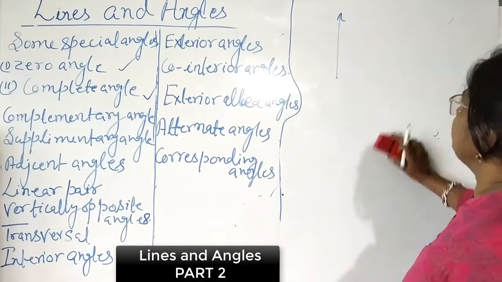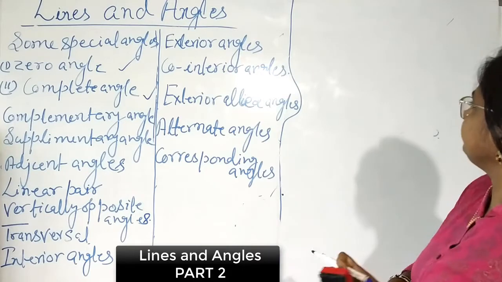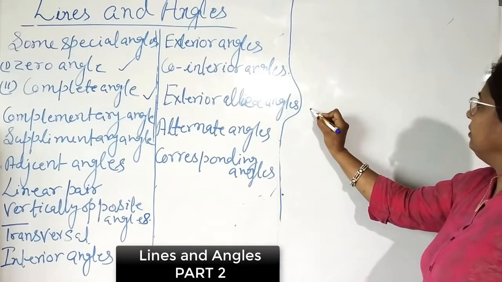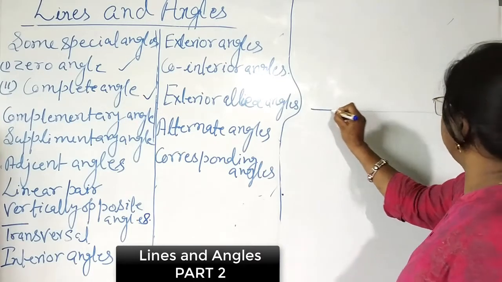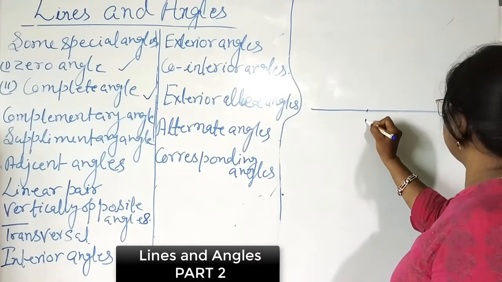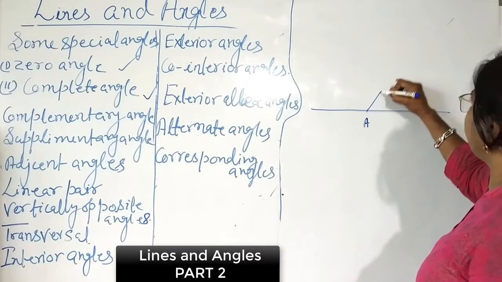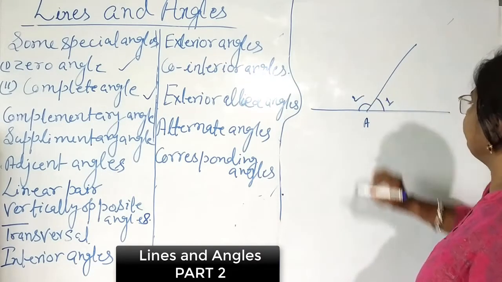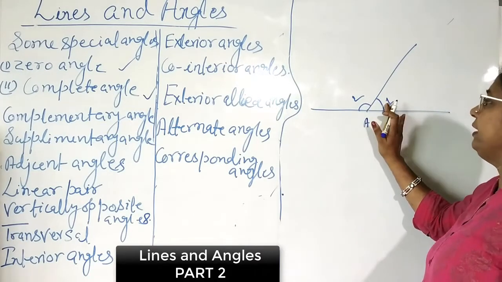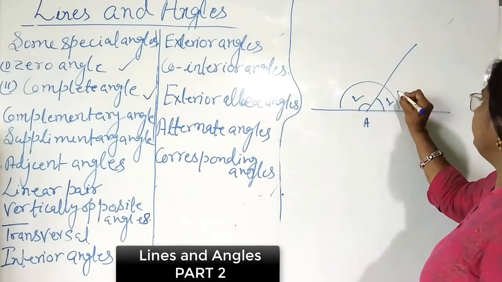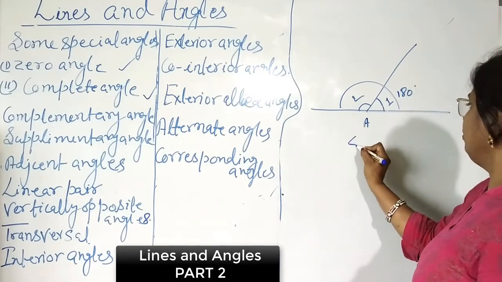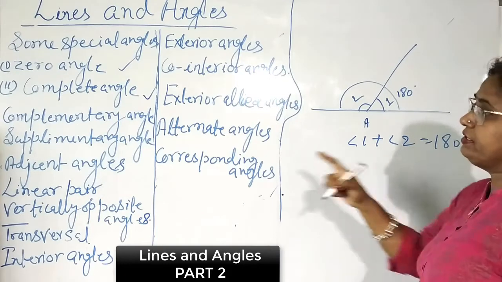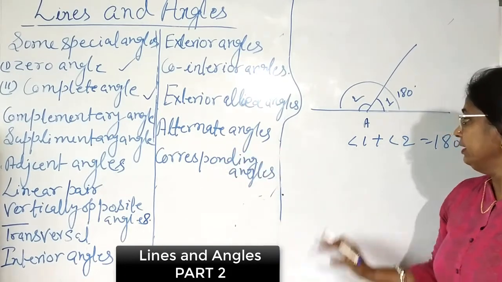In the same way, supplementary angle. Suppose A is a point and one angle is there. This angle is 1 and this one is 2. If the sum of two angles is 180 degrees, then it is called supplementary angle.